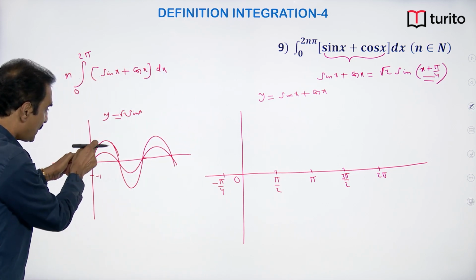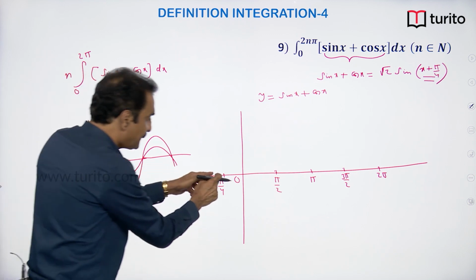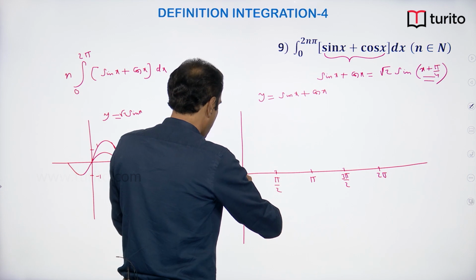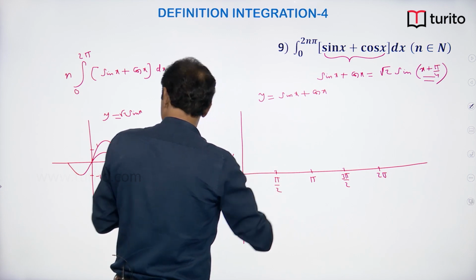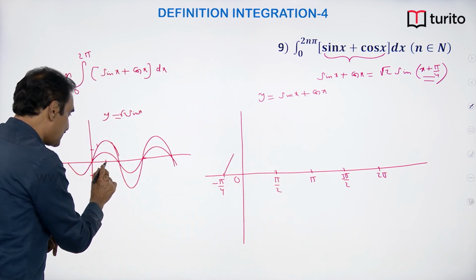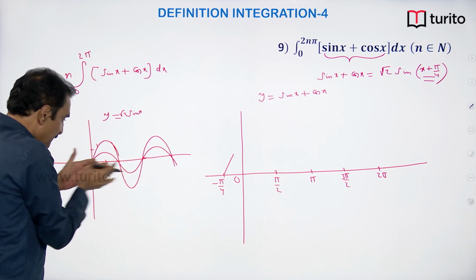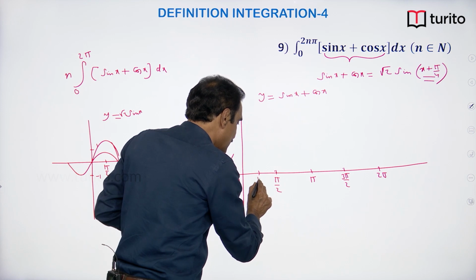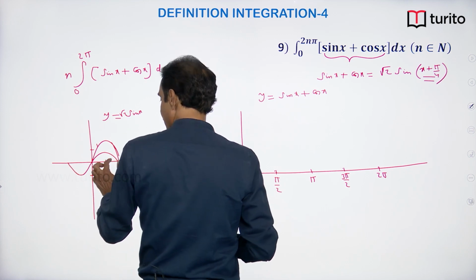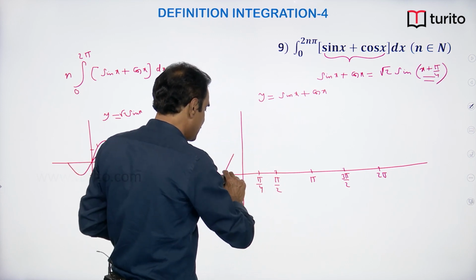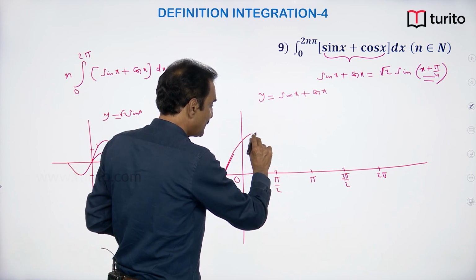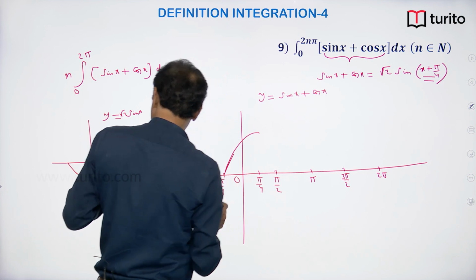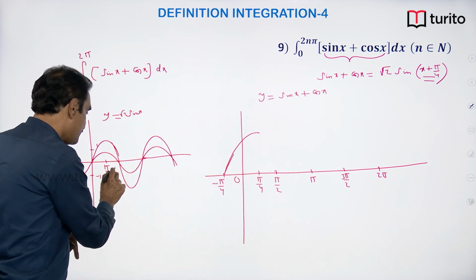Now we have to draw the same graph starting from here. And this maximum value occurs at pi by 2 now here, shifting it by pi by 4 towards left. Now the maximum value occurs at pi by 4. Maximum value occurs at pi by 4, and again this point of intersection is pi.